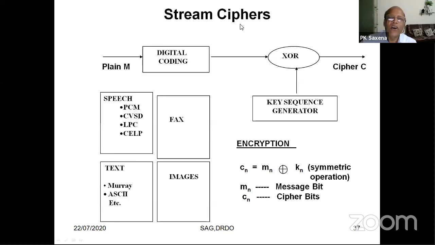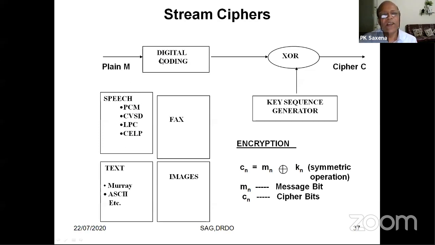If we look at it in pictorial form, the concept of the stream cipher is like this: a plain message, whether it is speech or text or fax or video or a PDF file, whatever it is, ultimately is represented in terms of bits. So the bits come here, that is digital coding. There are different ways in which this information can be converted into bits, depending upon the message.